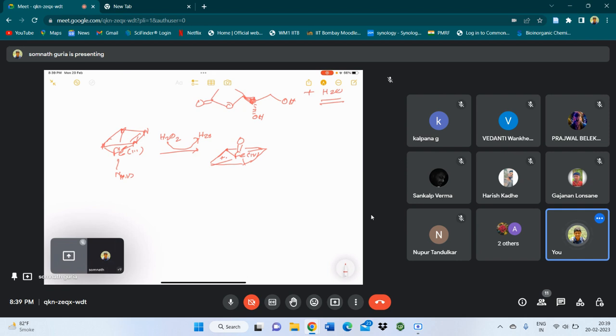So it becomes the iron 3 oxo species. It transfers the two electrons, iron 2, sorry, iron 4 oxo species.